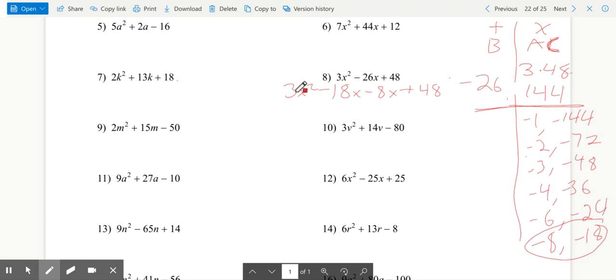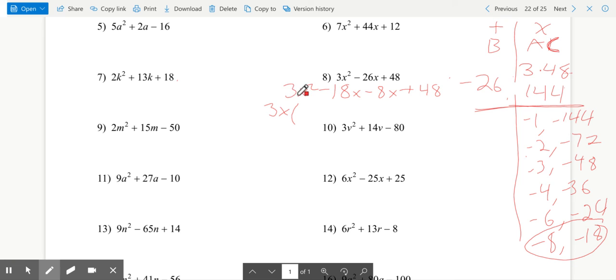So we're going to factor the first two terms. What do the first two terms have in common? Well, they're both divisible by 3, right? 18 divided by 3 is 6. And they're also both divisible by x, right? They both have an x in them. So we're taking out a 3x.